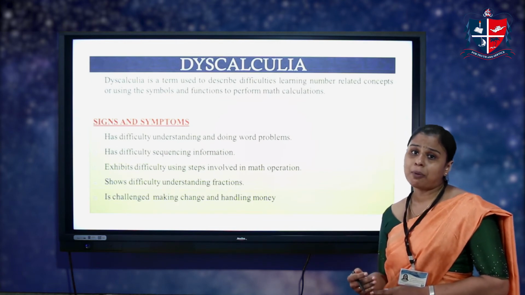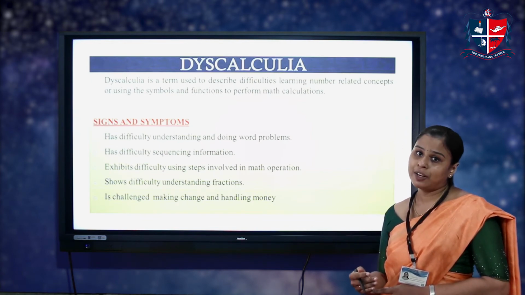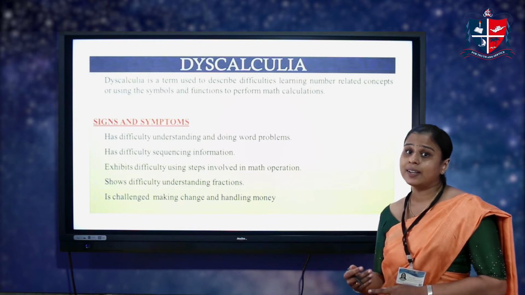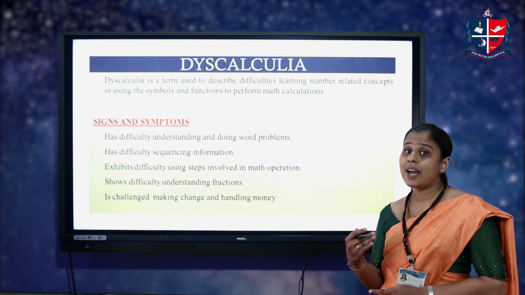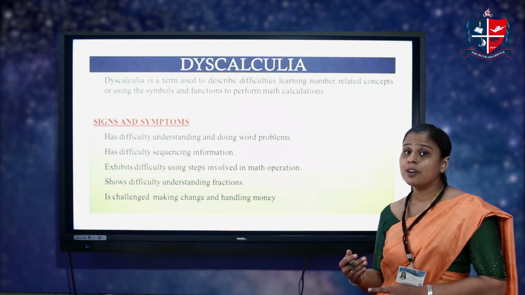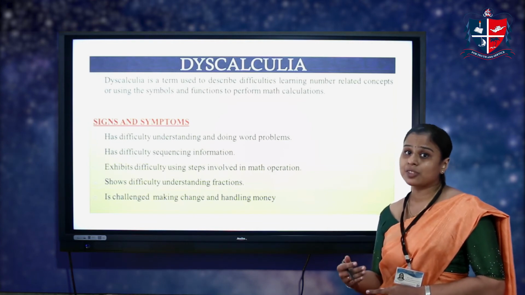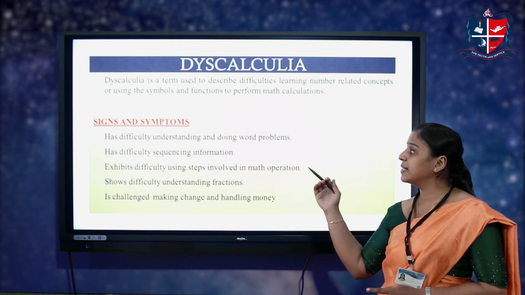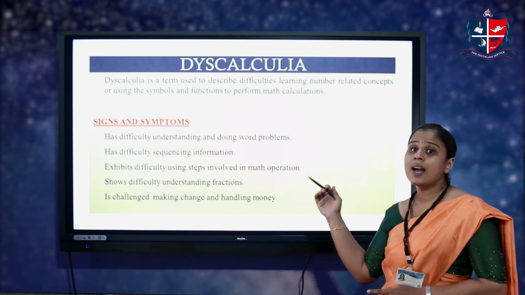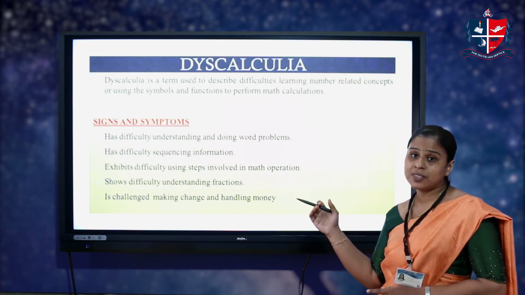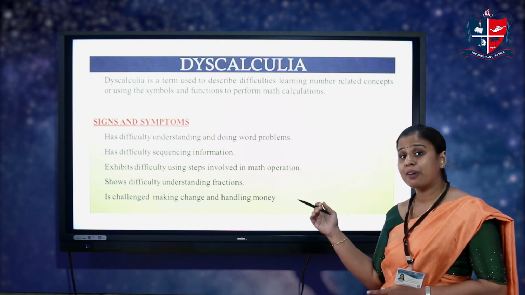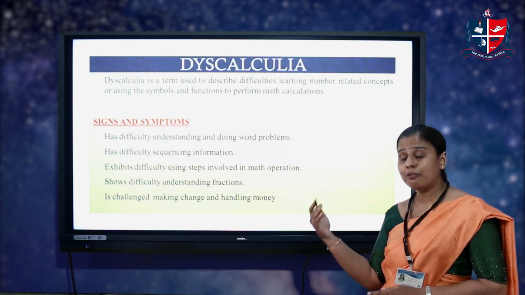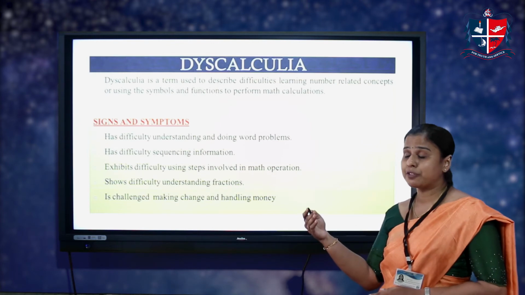Math is very important in our day-to-day life. If it is not identified in childhood, it will affect them as adults because we have to deal with financial matters. The signs and symptoms include difficulty in understanding and doing word problems. Maths has different formulas and different steps you have to follow, right?